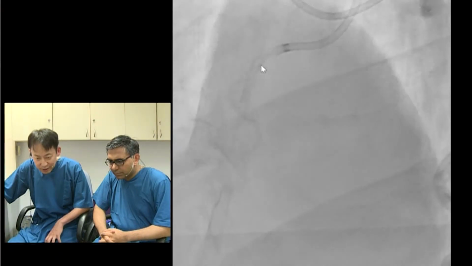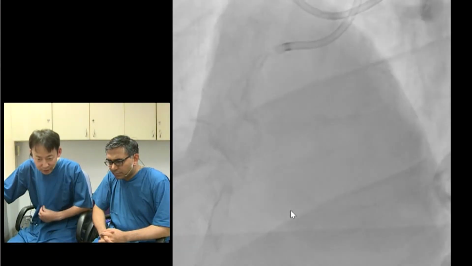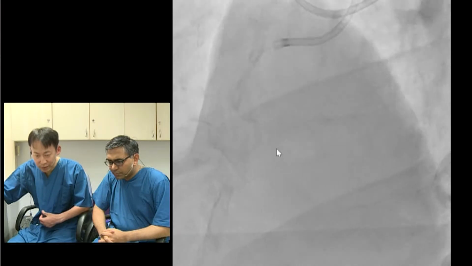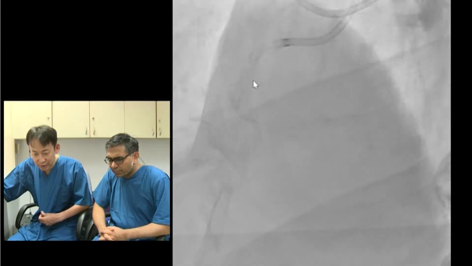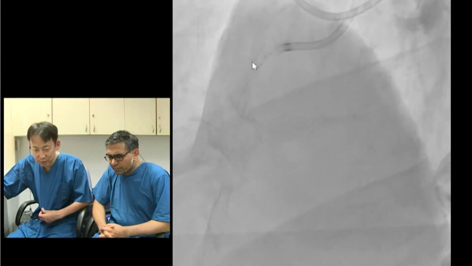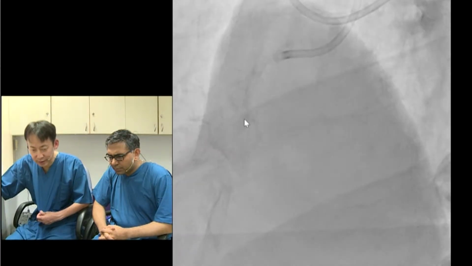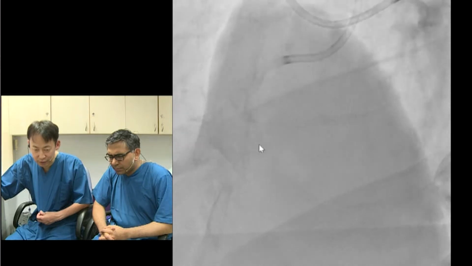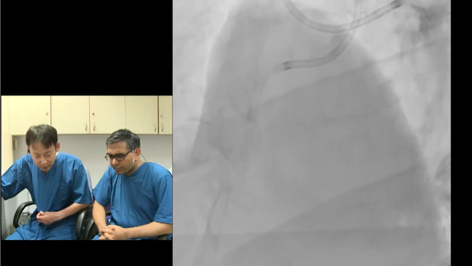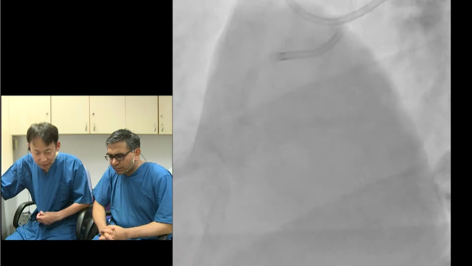And this is a shot without contrast. So you can see the calcification. This is a very good landmark for the wiring. So I checked the angiogram without contrast like this, and then checked the shot.